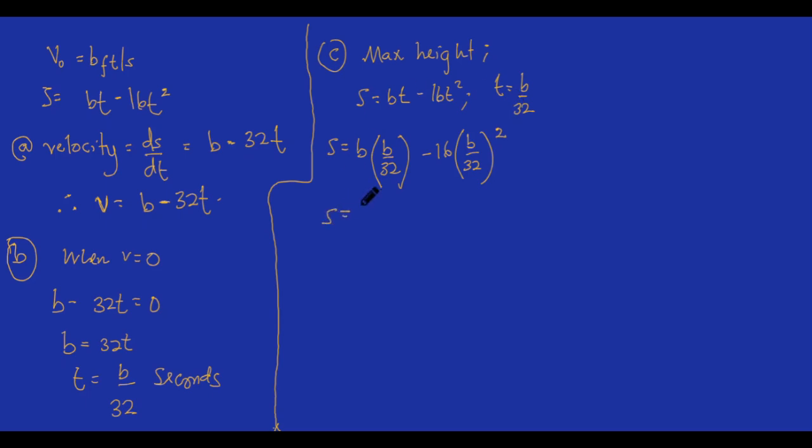So s becomes b squared divided by 32 minus 16b squared divided by 32 squared, which is equal to b squared divided by 32 minus b squared divided by 64. Therefore, s is equal to b squared divided by 64 feet, and this is equivalent to the maximum height of the ball.